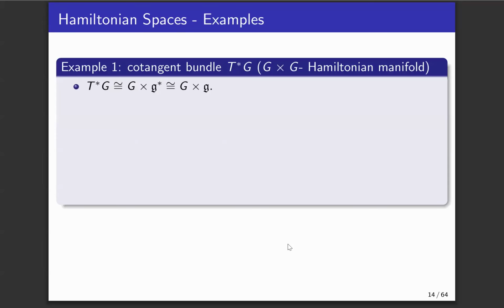Then, first example, the classical one: cotangent bundles of Lie groups. The cotangent bundle of a Lie group is a G times G Hamiltonian manifold.